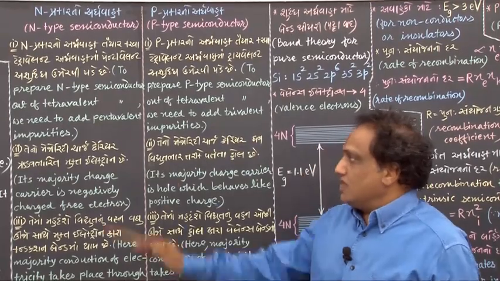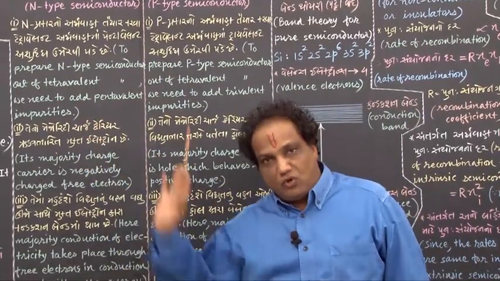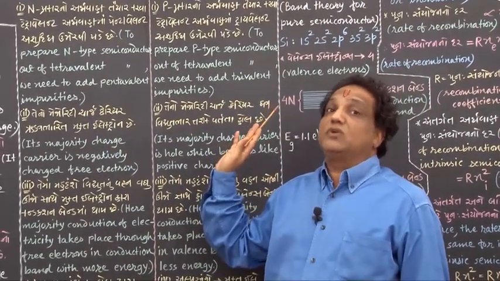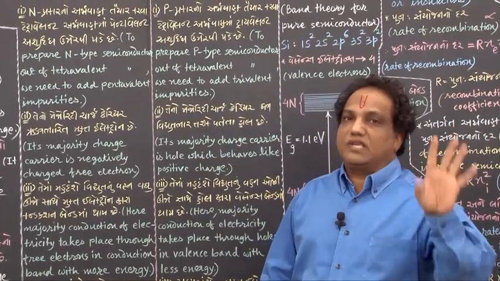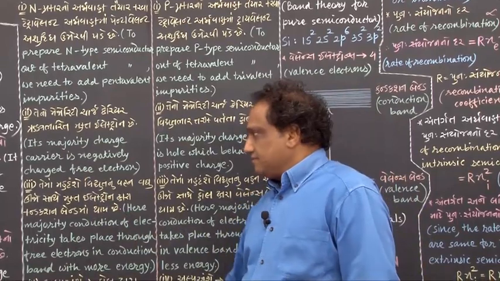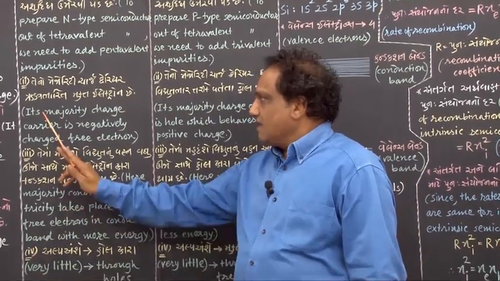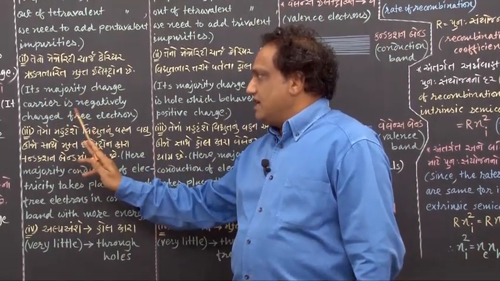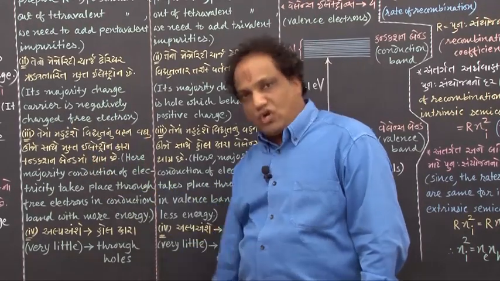So here we need to add pentavalent or donor impurities, and here we need to add trivalent or acceptor impurities. Fine. Then second point, its majority charge carrier is negatively charged free electron.